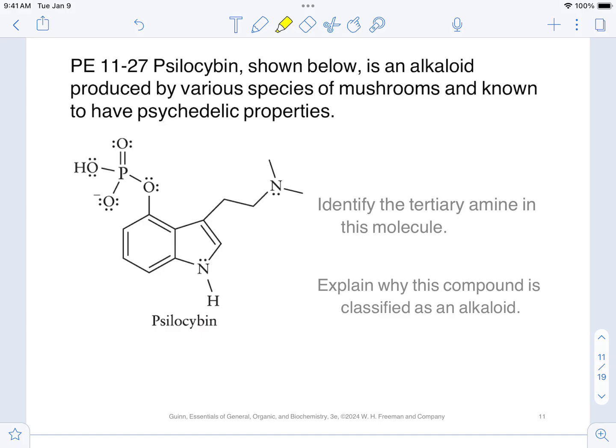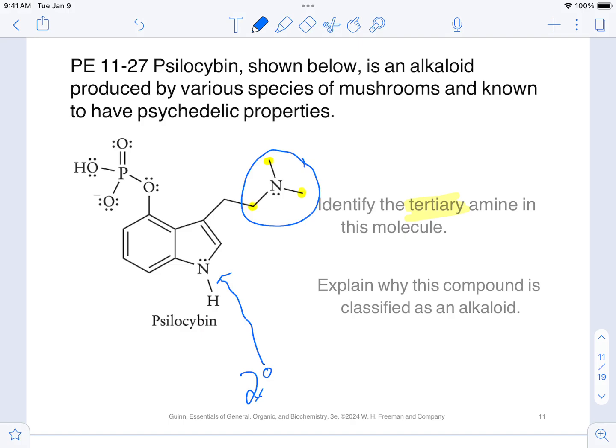I want the tertiary one, so it should be attached to 3 R groups. So my tertiary one would be right here, with these being my R groups. This one below here, that would be a secondary amine.